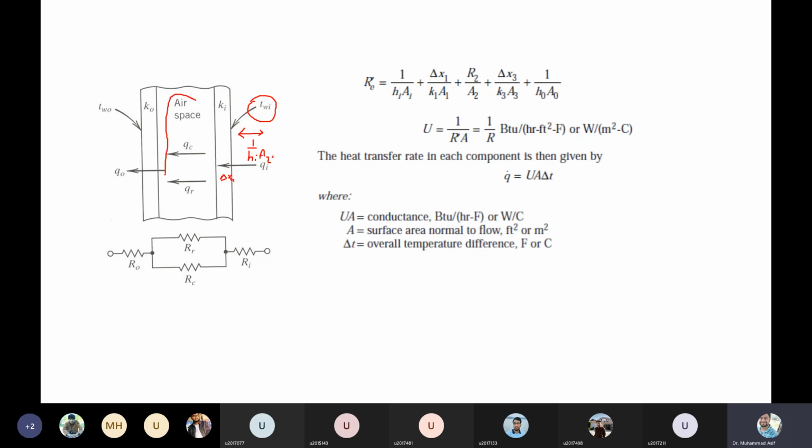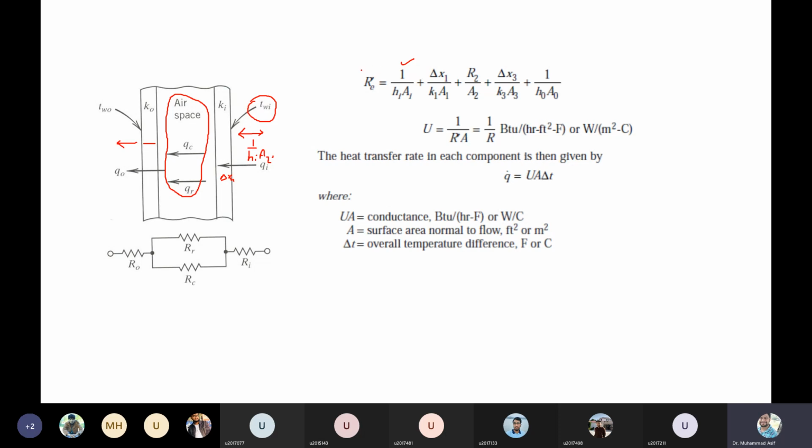So we have the equivalent space resistance that depends on the value of the thickness of the space. And then again, we'll apply the conduction one, and then again the convection. So you can rewrite here. The first one is the convection, and then we have the conduction, and then this R2 is basically the representation of the resistance because of the airspace, and then we have the conduction, and then the convection.